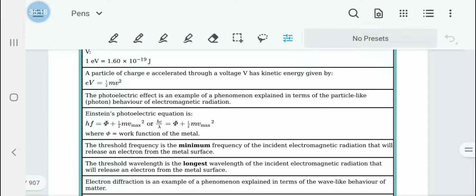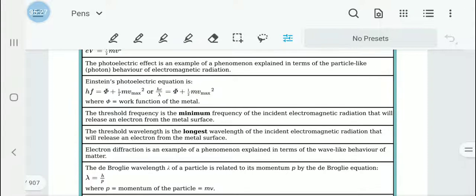Then we discussed the photoelectric effect, a phenomenon that proves the particle-like behavior of electromagnetic radiation. Then Einstein's photoelectric equation we discussed: hf equals phi plus half mv max squared, or hc upon lambda equals phi plus half mv max squared. Phi is the work function of the metal.